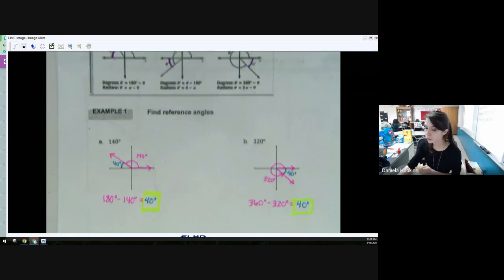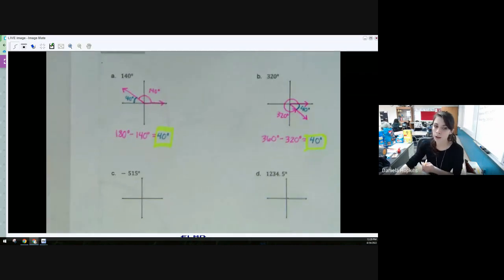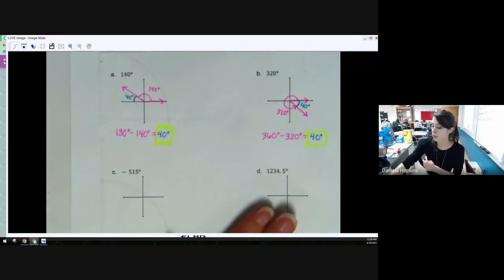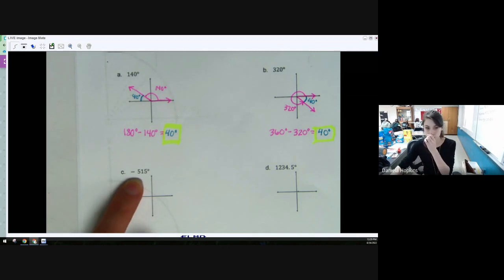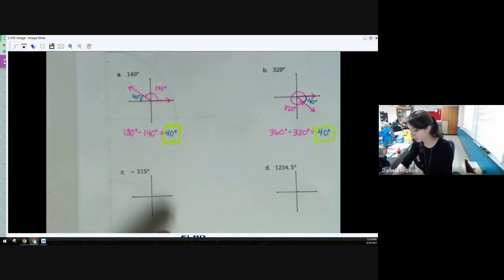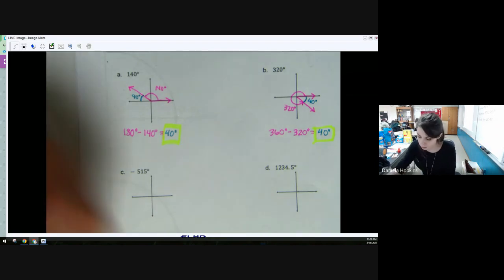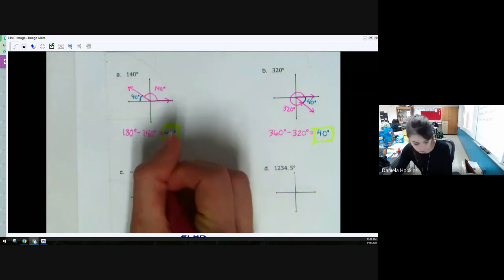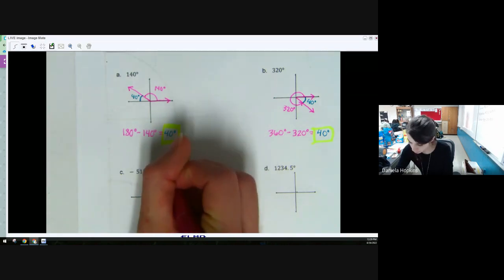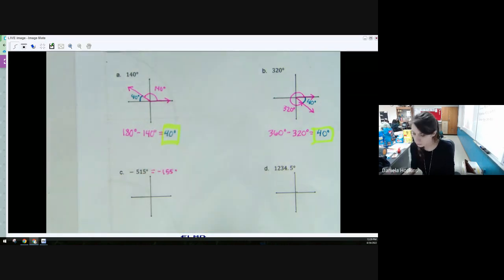Okay, let's look at two that are a little more complicated, and they're only a little more complicated because one is negative, and actually they're both over 360 degrees. So for this negative 515 degrees, if I wanted to find the coterminal angle so that I can actually draw it, I would just add 360 degrees. So the coterminal angle with negative 515 degrees would be negative 155 degrees, minus 1 rotation.